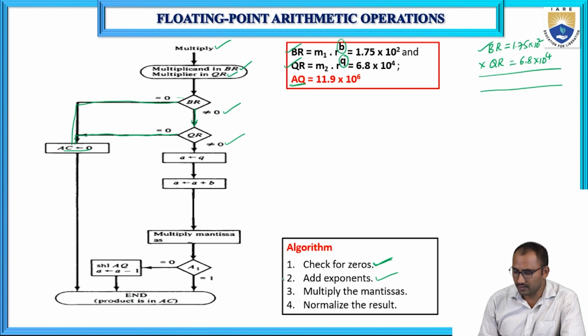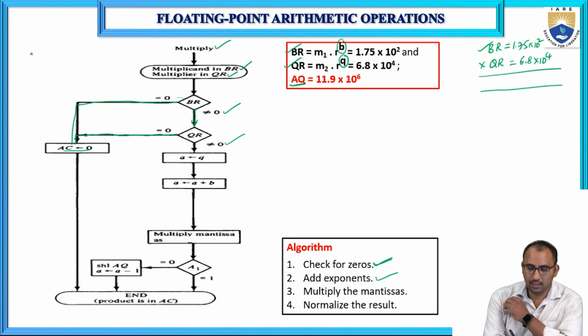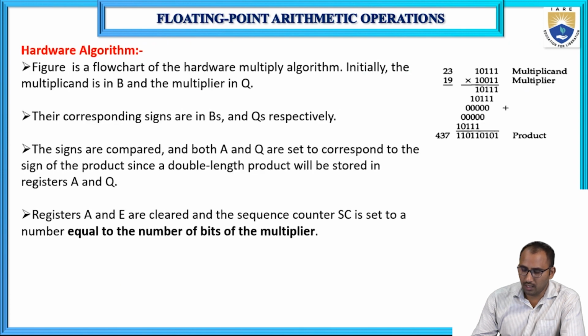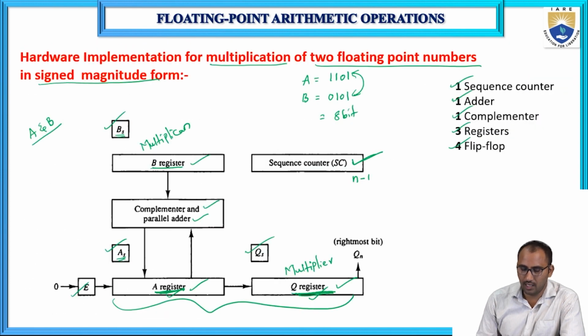What is the second part? Add exponents. What is the exponent of the BR register, small b? What is the exponent of the QR register Q? Can we perform addition between B and Q? We cannot, because if you look at the previous hardware implementation, we have an adder here.